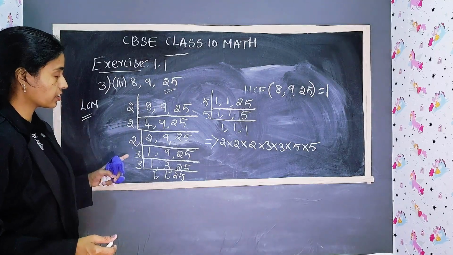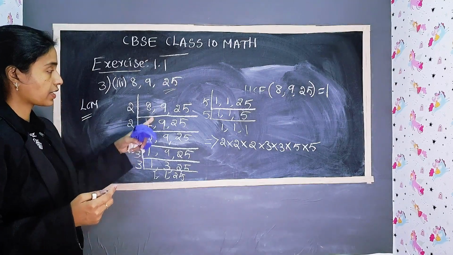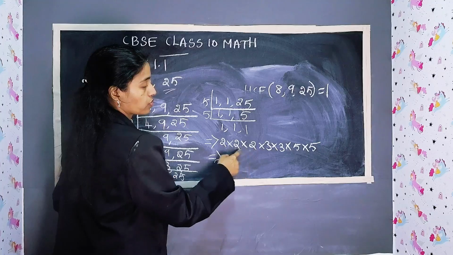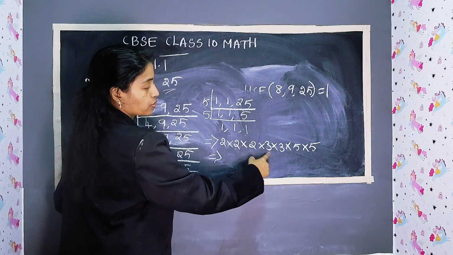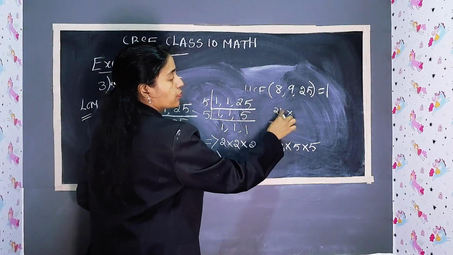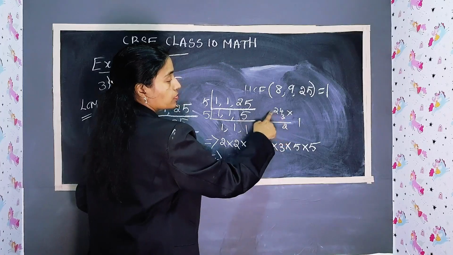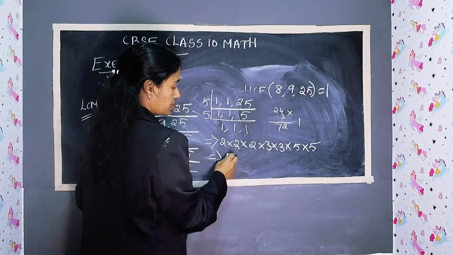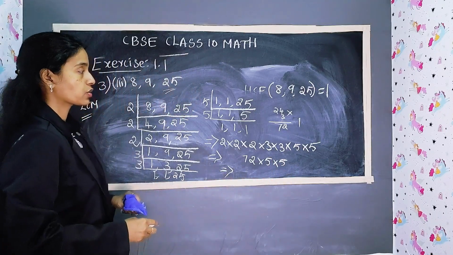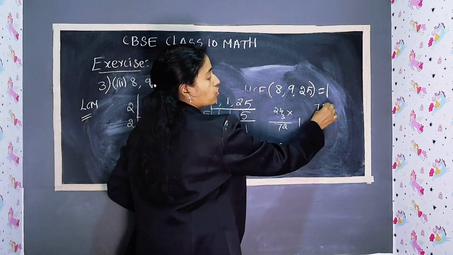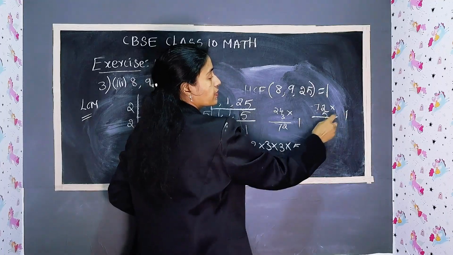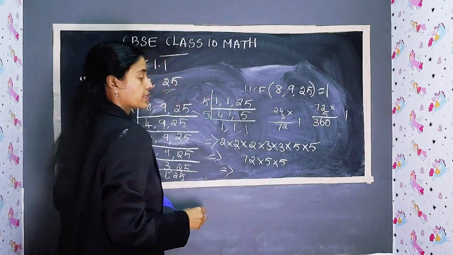3 times 2 is appearing, 2 times 3 is appearing, and 2 times 5 is appearing. 2 twos are 4, 4 twos are 8, 8 threes are 24, 24 into 3 is 72. 72 into 5 into 5. 72 into 5, how much? 5 twos are 10, 1, 5 sevens are 35, 35 plus 1, 36, so 360.